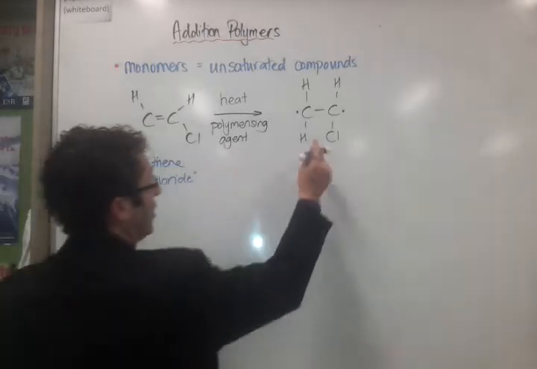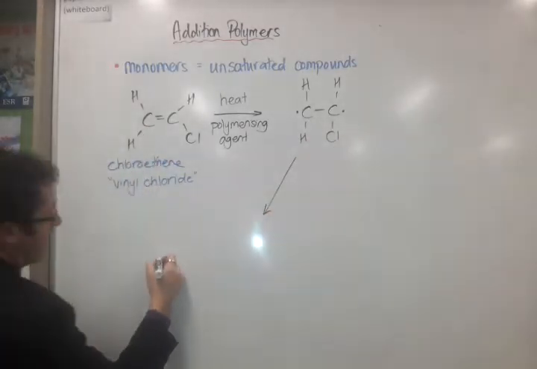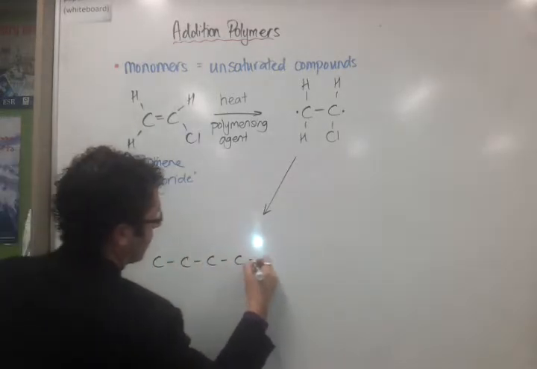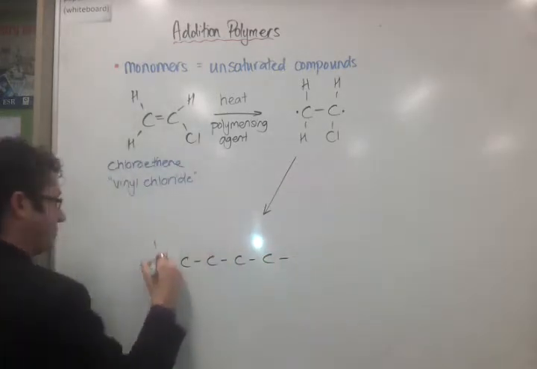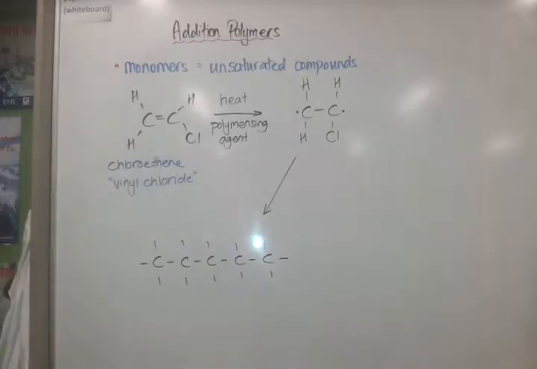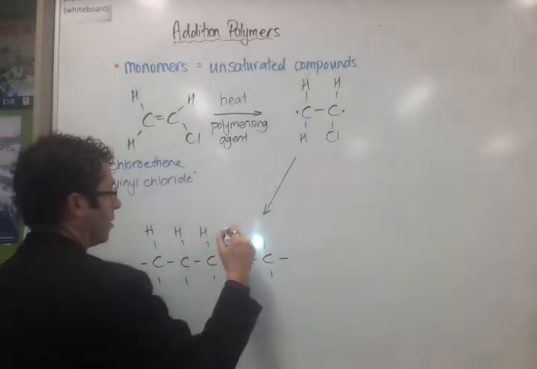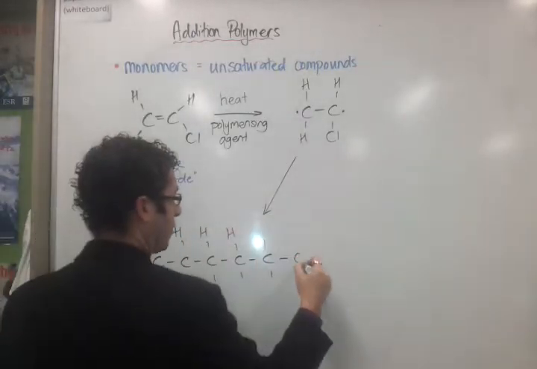What's going to happen is you're going to get lots of these lined up next to each other and end up with, if I take a snapshot of a piece of the polymer, it will look like this. I'll put one more carbon inside.